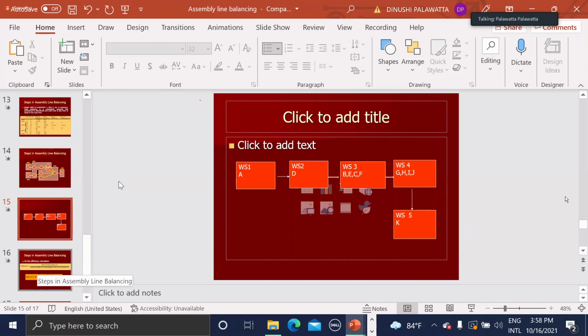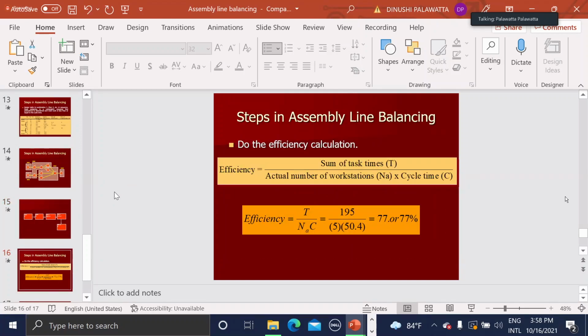And then efficiency calculation. Efficiency equals the sum of the task time, the actual total time for the tasks, that is 195 seconds, divided by the allocated time for all tasks. One workstation is allocated 50.4, and there are 5 workstations.